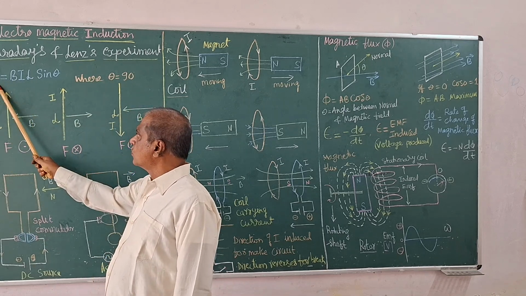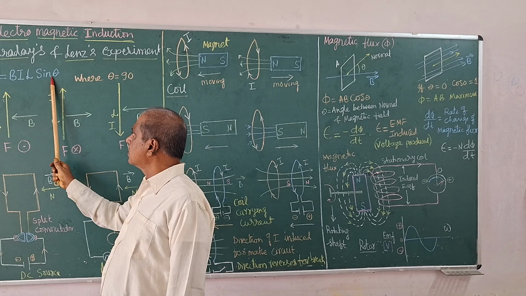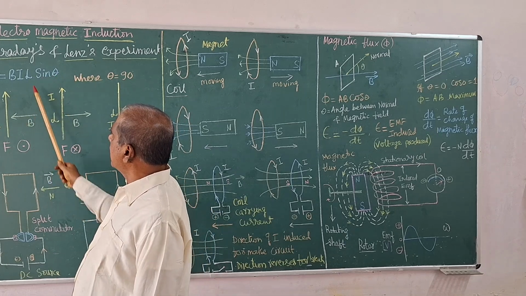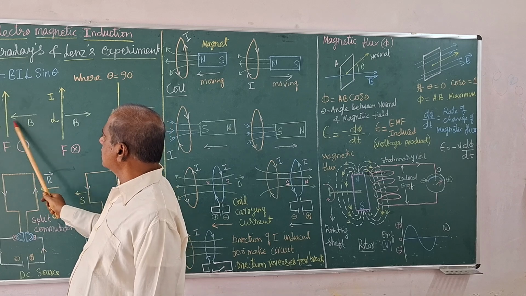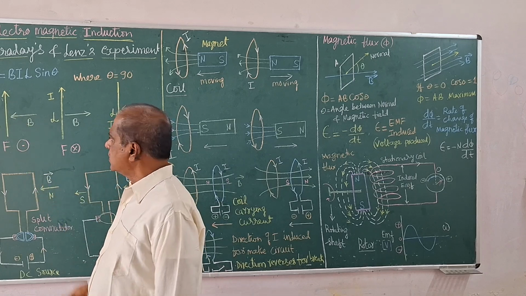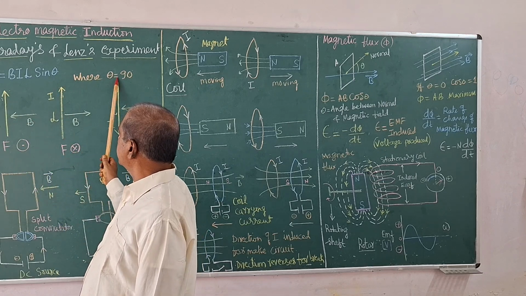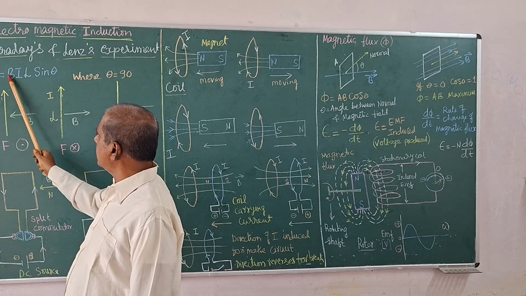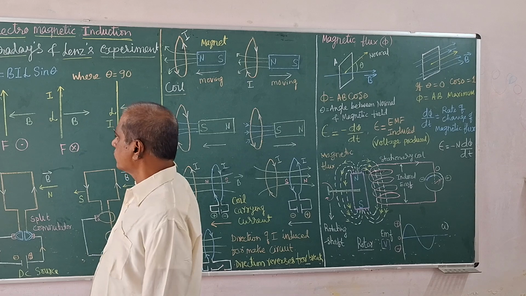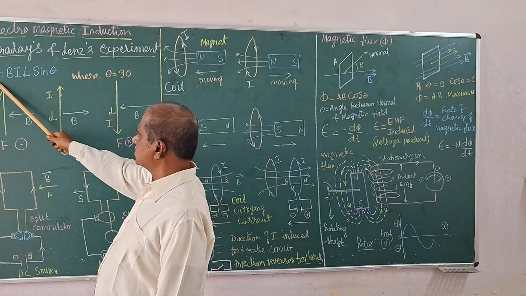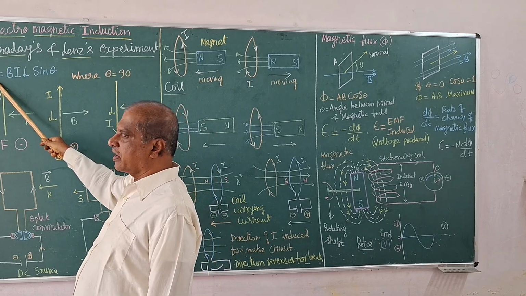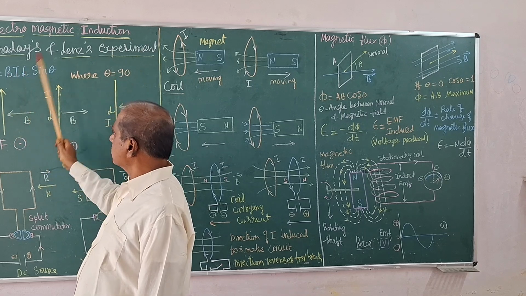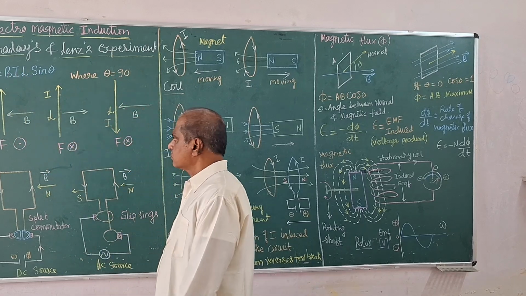The force also depends on sin theta, where theta is the angle between B and L. Here I have taken theta equal to 90 degrees, which means perpendicular to each other, so sin theta is 1 and F equals BIL. The magnitude of the mechanical push experienced by the conductor is BIL.